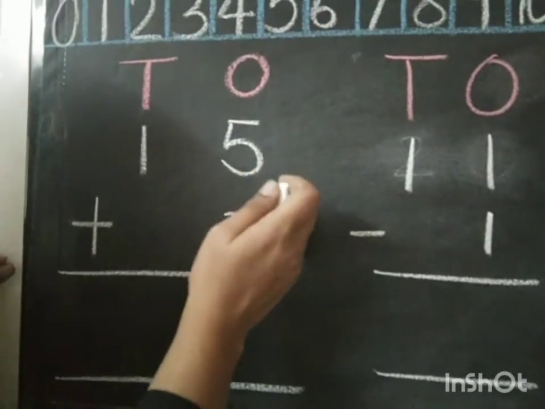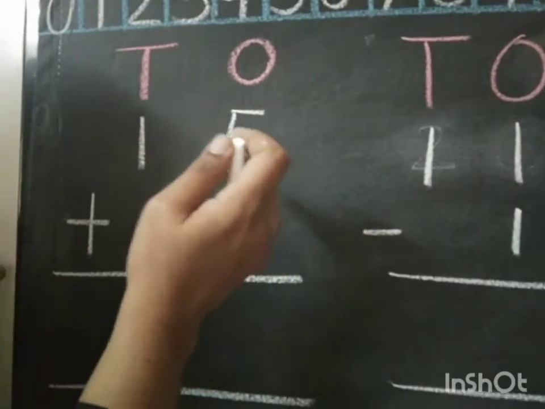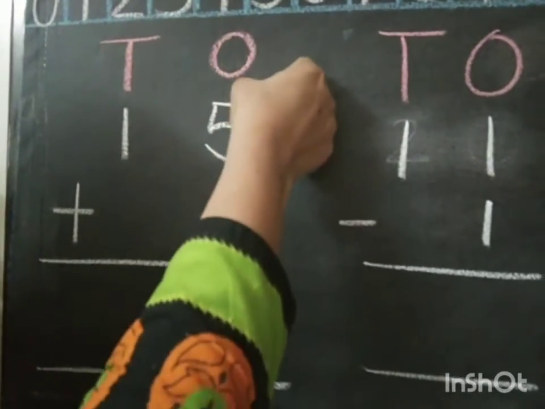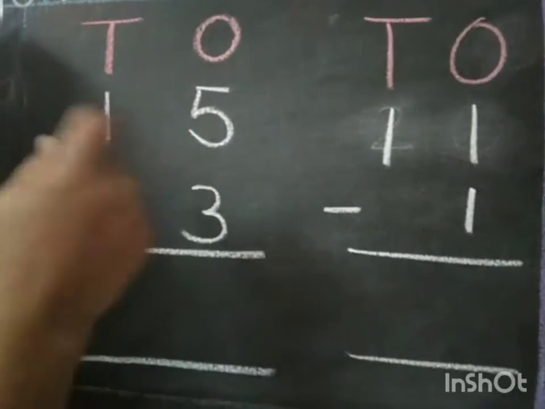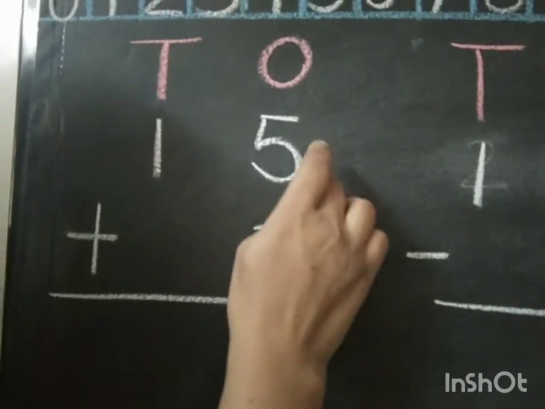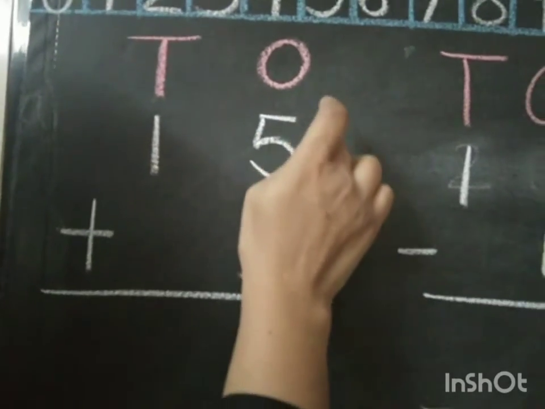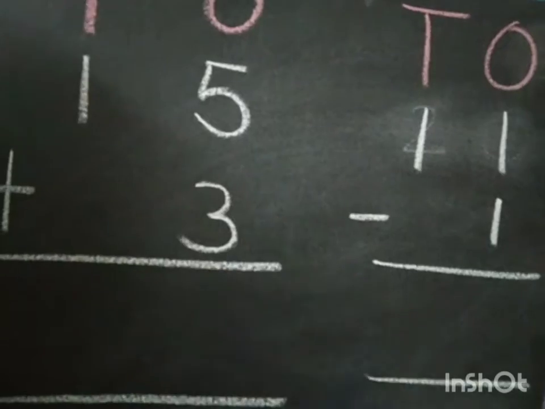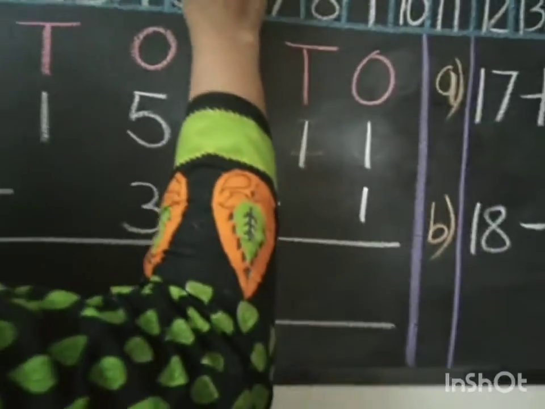Ones place. I had sent you a video in which I told you a story of tens and ones. Okay. So whenever we start adding or subtracting, every time we will start from the ones place. So here 5 and 3. We can start from here.